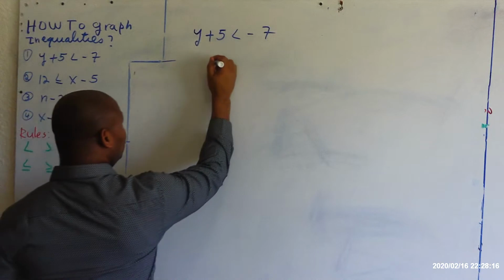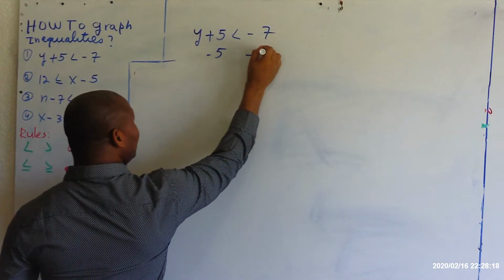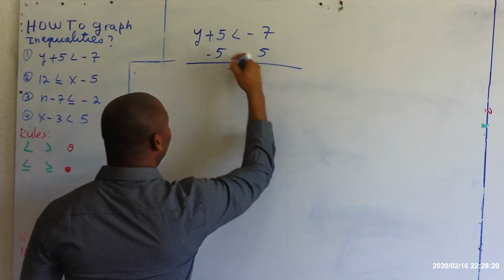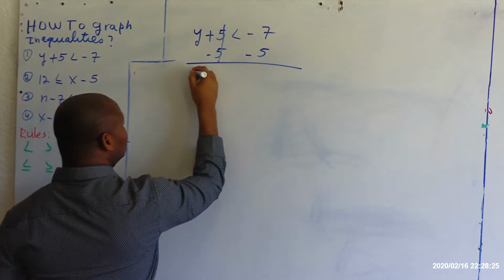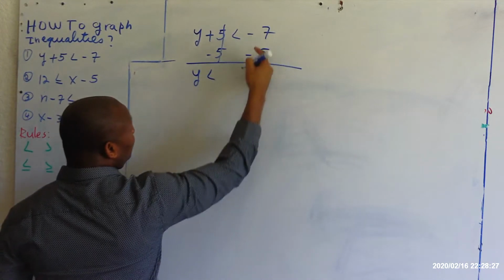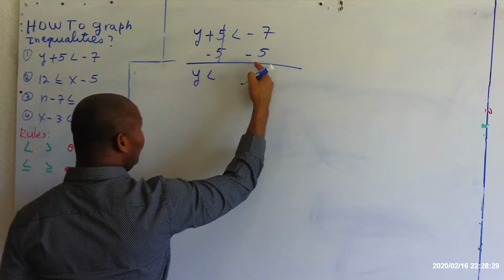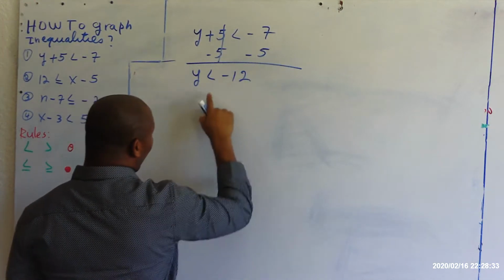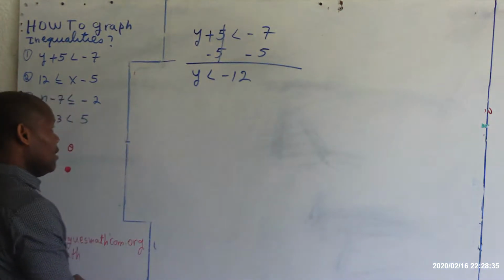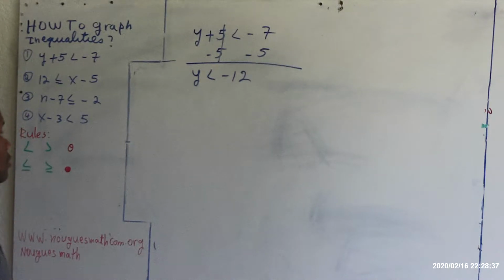So I'm going to subtract 5 from both sides. Positive 5, negative 5, that cancels. So you have y, negative 7 minus 5, that's negative 12. So I'm going to graph y is less than negative 12.